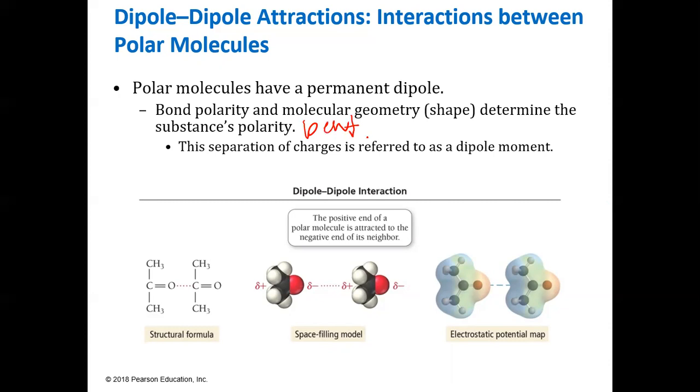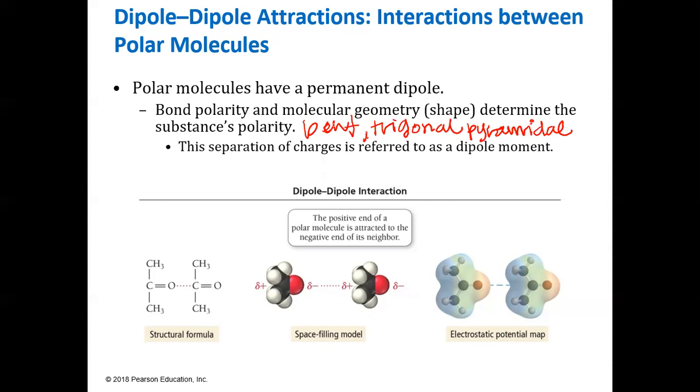These were our polar geometries: bent, trigonal pyramidal. What was another one? There's three. I don't know what I'm missing. Anyway, we'll get there.